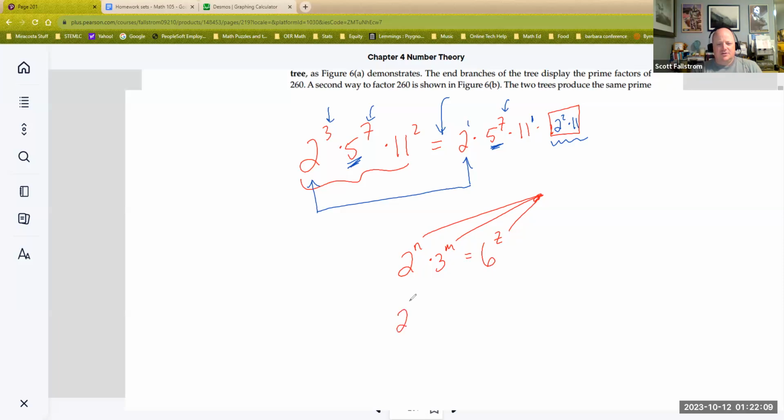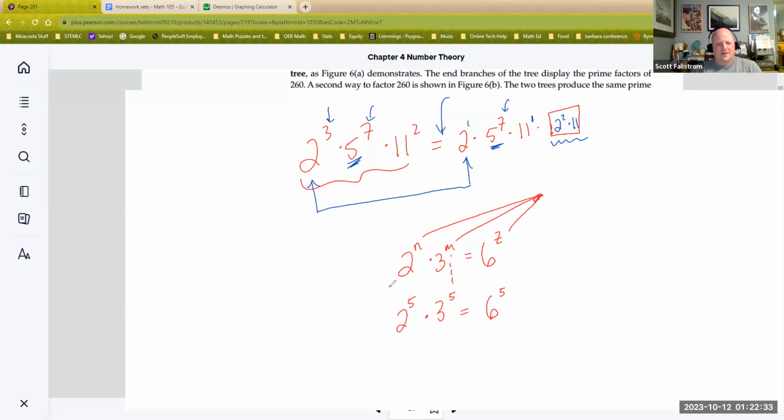Let's just say we had a 2 to the 5th. Well, what we would know is I need to have at least 5 2's on the right-hand side, so this one has to have a 5, because 6 is really 2 times 3. But that means in order for this to be equal, my exponent on 3 had to be 5 as well.